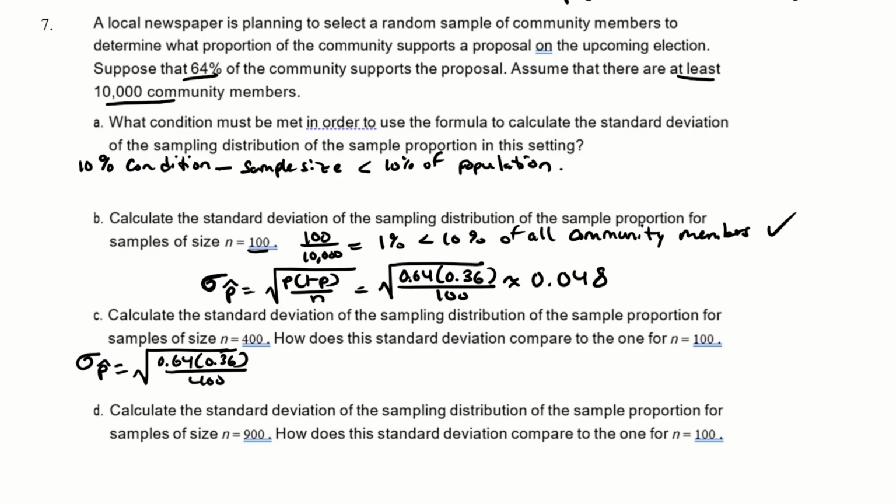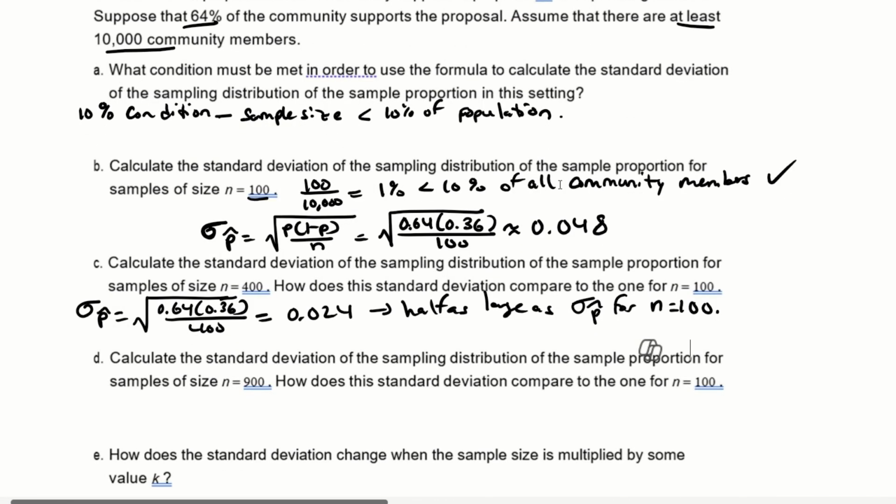If you calculate that, you're going to get 0.024. And if you were to compare it, it's half as large as the sigma p hat for n equals 100. And the reason is that the greater the sample size, the lower the variability. Okay, and you can see that in the formula.